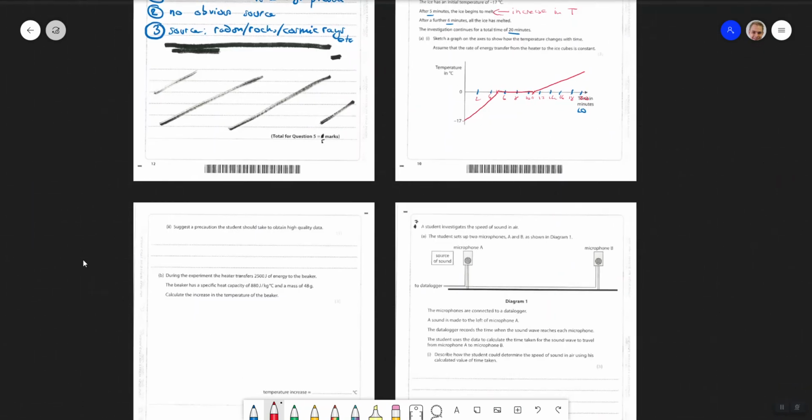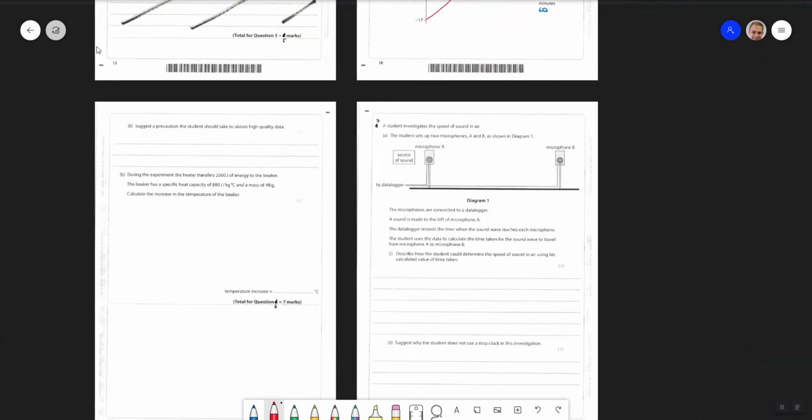There's a lot of things you can say: make sure the heater is submerged, stirring, keep lid on, which is a bit weird, or repeat and average.